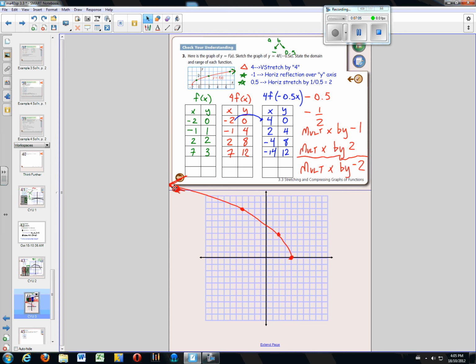If you look at a couple of points, this point here at -2, 0, would have reflected to +2, 0 over here in my green dot, but it's also doubled, bringing it over to here. Another point, this point here, I'm drawing it on the original graph of -1, 1, reflects to be +1, 1, but then it also doubles.